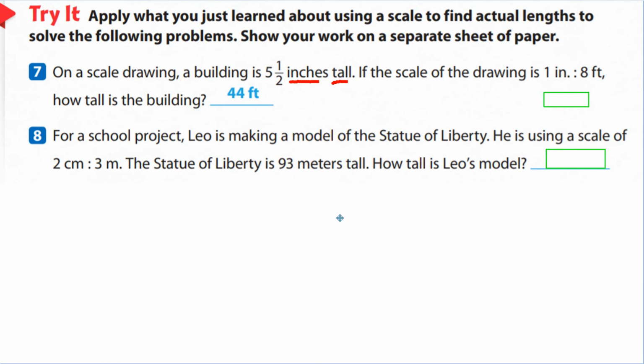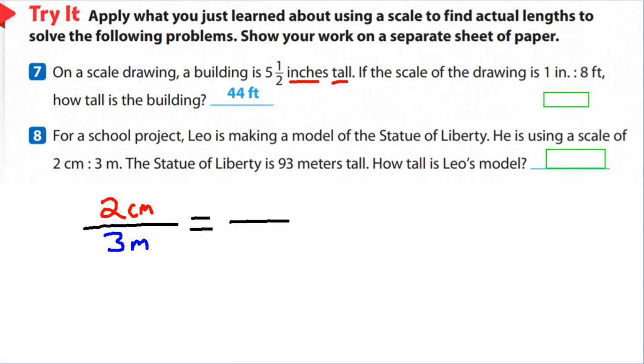Let me set this up first, and maybe use a different color so you guys can see that as well. For a school project, Leo is making a model of the Statue of Liberty. He's using a scale of 2 centimeters to 3 meters. Let me use the fraction bar as black right here.